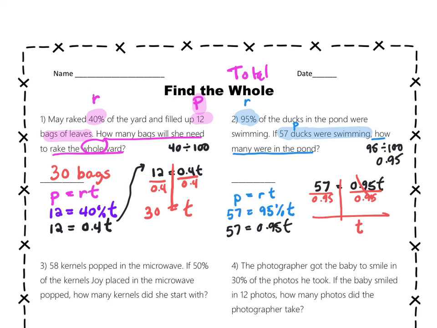Hopefully the answer you got was 60, and that equals the total. Now we need to figure out total of what. It says how many were in the pond. Well, it's referring to ducks. So there are 60 total ducks in that pond. I'm going to write the answer here, and I'd love for you to label what we're talking about.